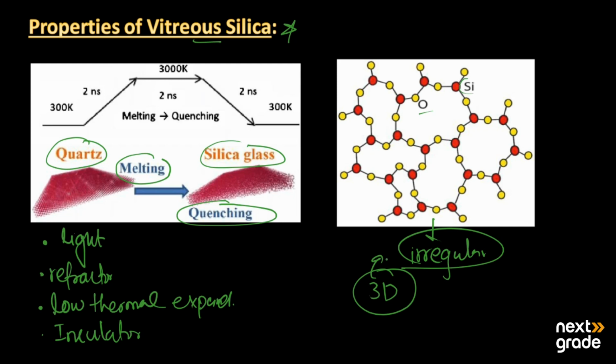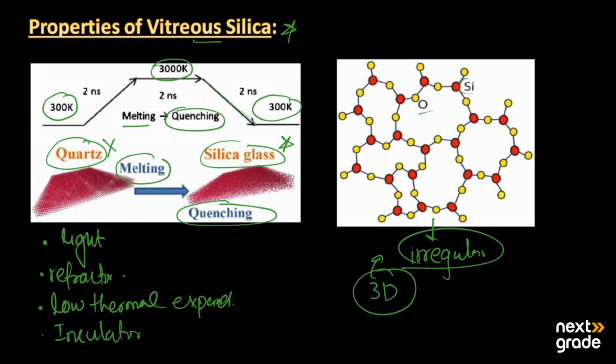This is known as vitreous silica. When the temperature rises from 300 Kelvin to almost 3,000 Kelvin, and then we cool again to 300 Kelvin, we gain silica glass, not quartz glass. So melting and then quenching is the process of formation of vitreous silica.